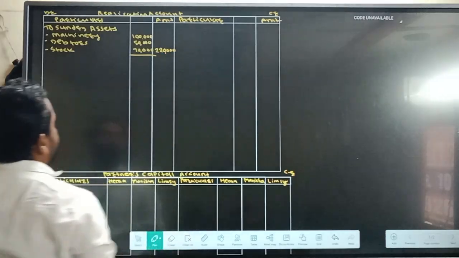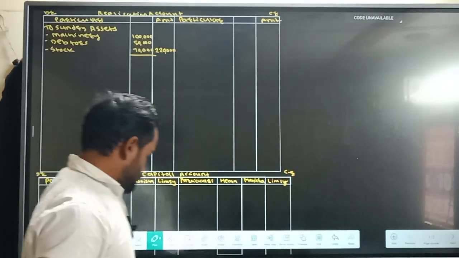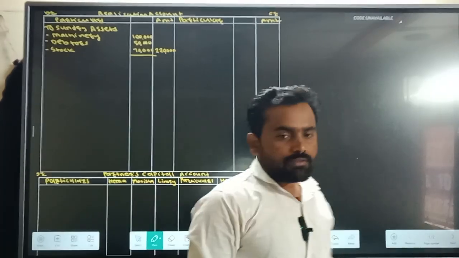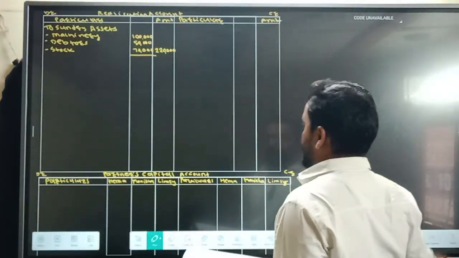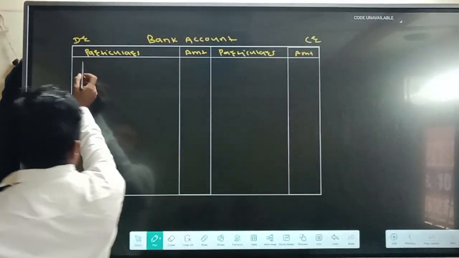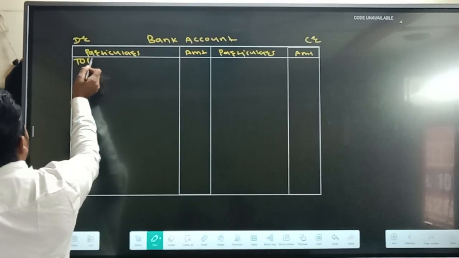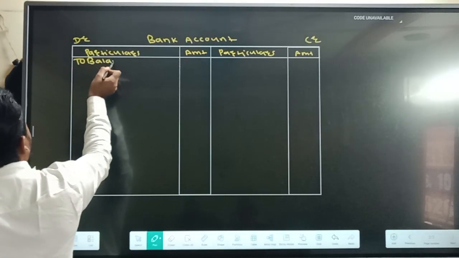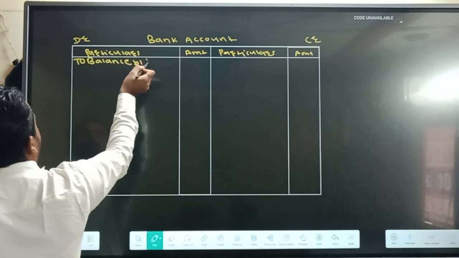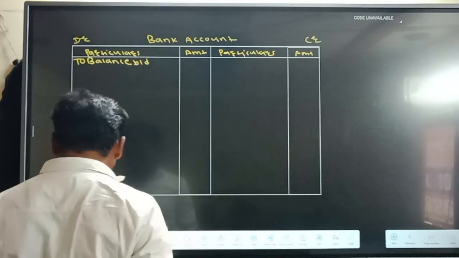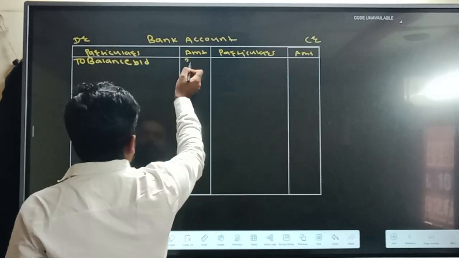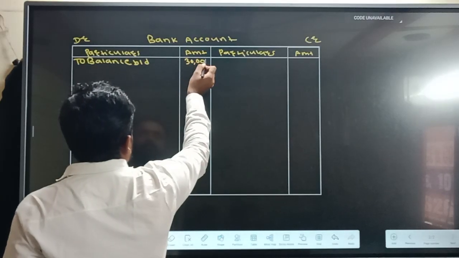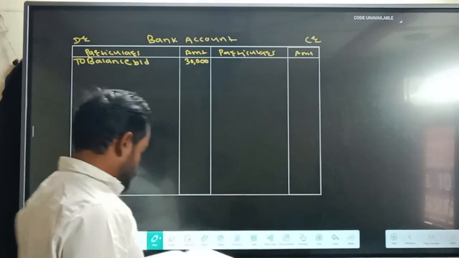Okay, so cash at bank is given. Cash at bank effect is debit side to cash account: to balance brought down. To balance brought down means the bank account balance. The bank account balance is 30,000 in the amount column.